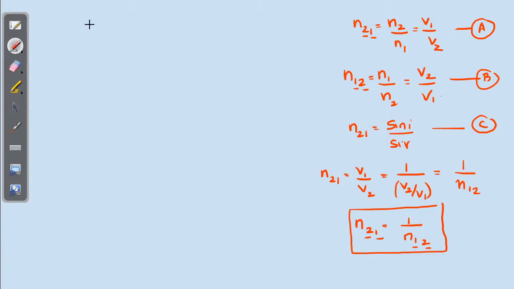Now, in your lower level classes, in your 9th standard, you have studied an equation for sound. The velocity of sound is frequency of the sound times wavelength of the sound. Velocity is equal to frequency multiplied by wavelength.